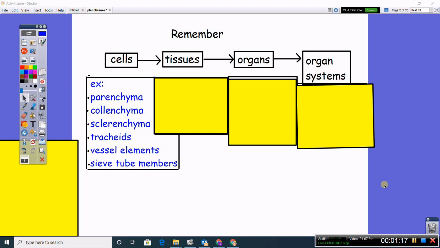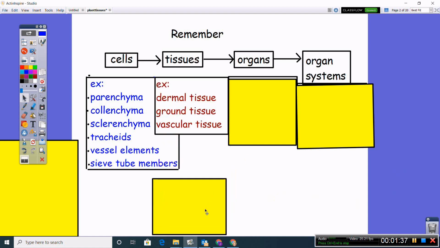So take a second to get those written down. And again, whenever you need to pause the video, just feel free to. I'm going to keep moving.